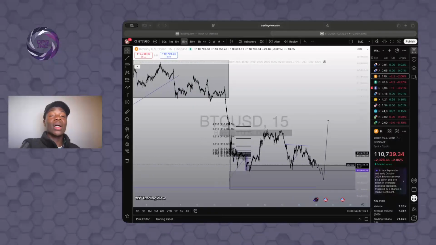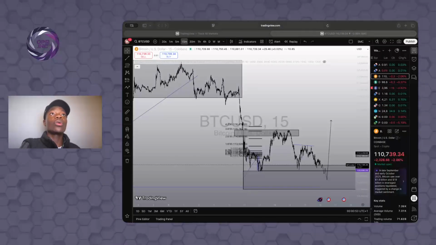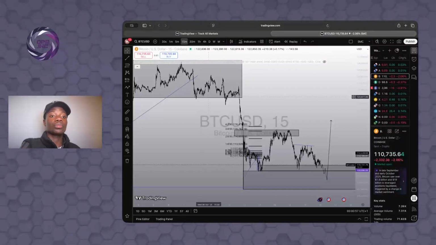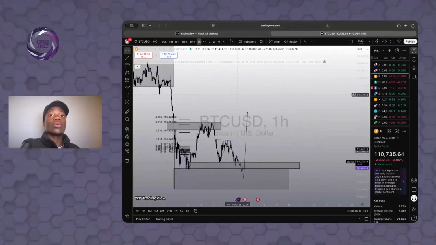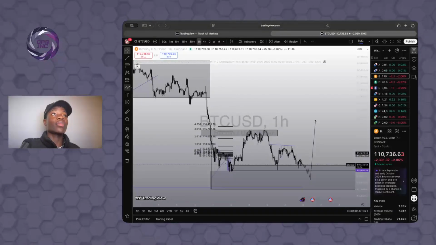My reasoning behind that is because there is a huge liquidity void on the 1 hour time frame. If we go into the 1 hour time frame right now, we can see that there is a huge liquidity void that price needs to fill.